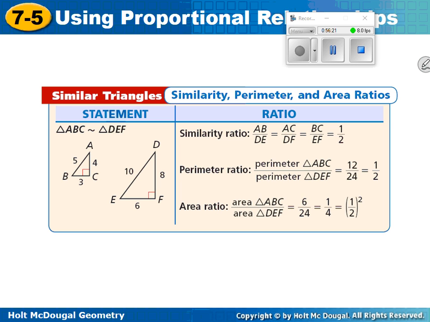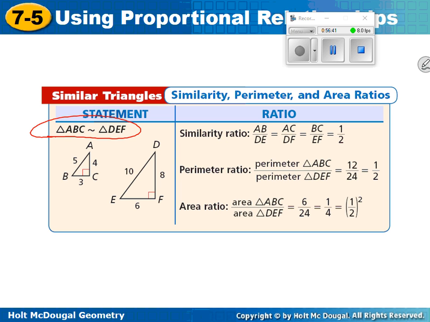Okay? So if two triangles are similar, we know that all of their corresponding angles are congruent and all of their corresponding sides are not congruent, proportional. That was day one.